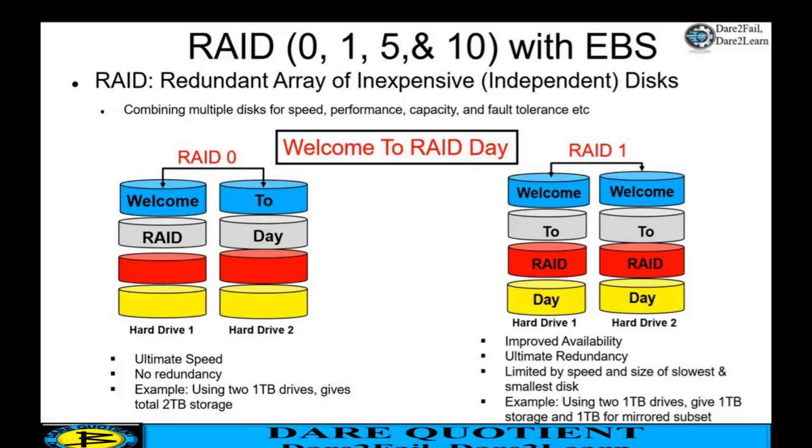You do not have speed as compared to the RAID 0. With the RAID 1, only one hard drive is needed for recovery. But in this RAID configuration, you're limited by the speed and the size of the slowest drive you have within that RAID configuration.